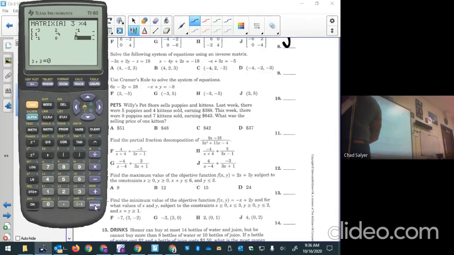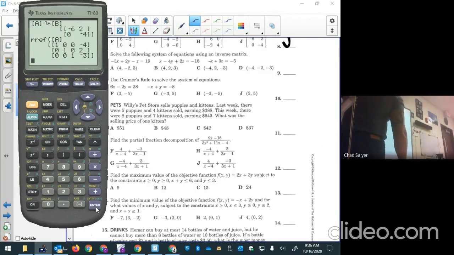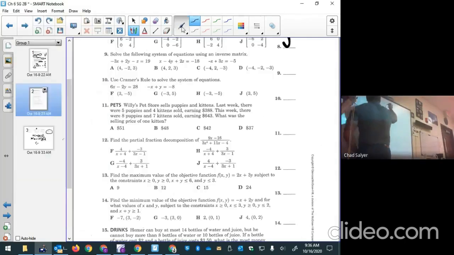That 0 part's kind of tricky. 3, -5. And then RREF. 8, and it's -4, 2, -3, I should say. C is in Charlie.